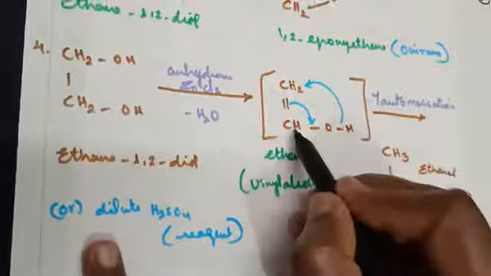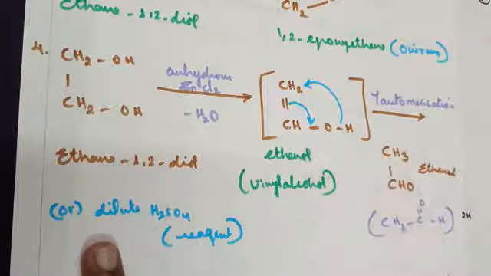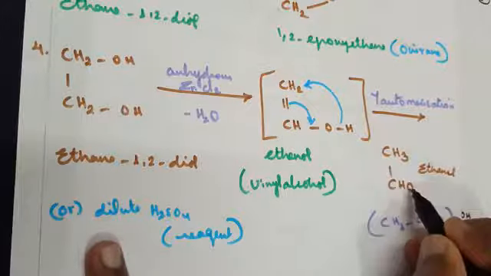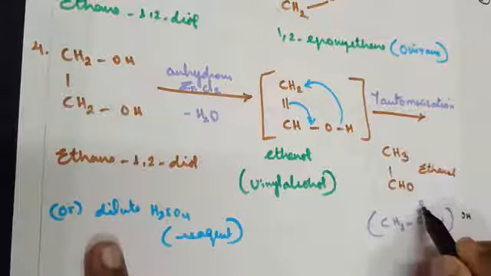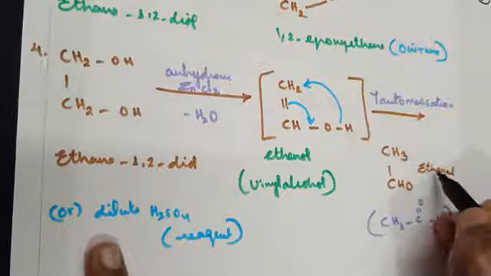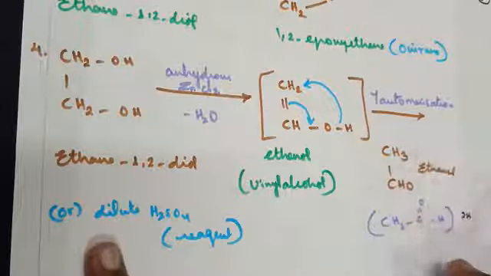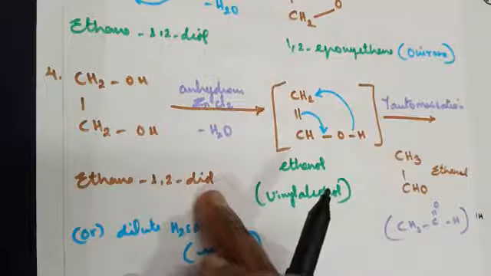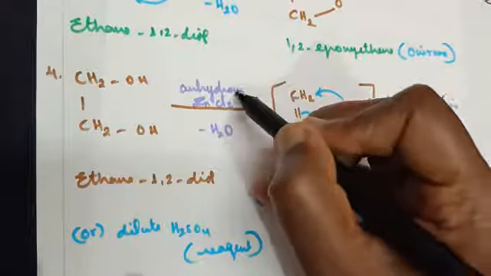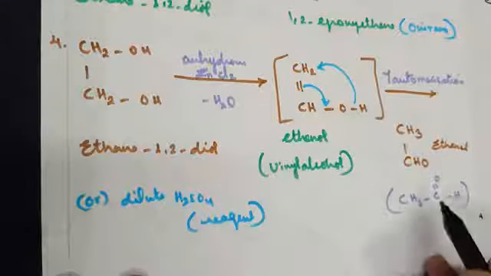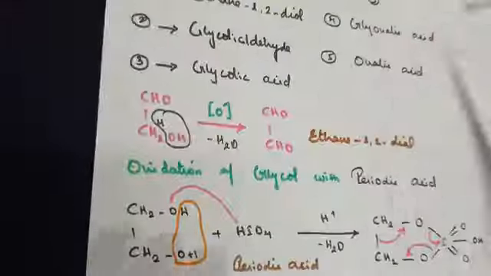You can write it as carbon with a double bond to O and hydrogen, so if you count the bonds 1, 2, 3, 4, it's a balanced bond. So either you can write it in this form or in this form, they are one and the same. So ethane 1,2 diol, when you treat it with anhydrous zinc chloride or dilute H2SO4, you get an aldehyde as the final product.